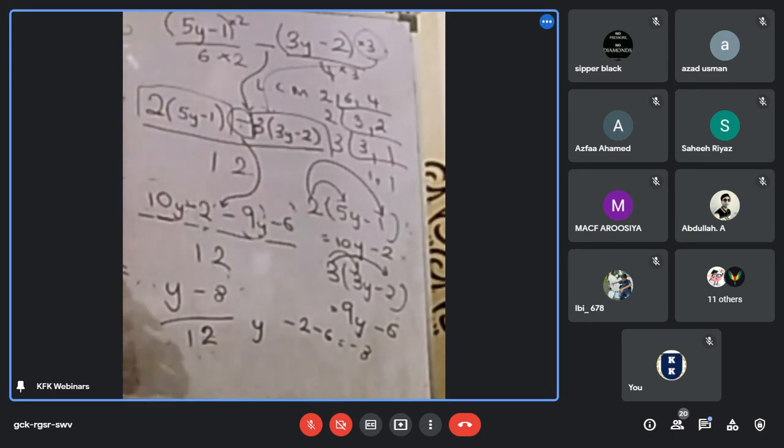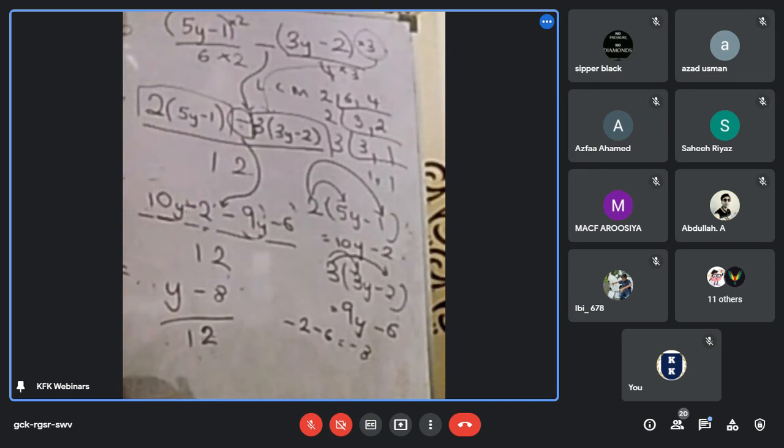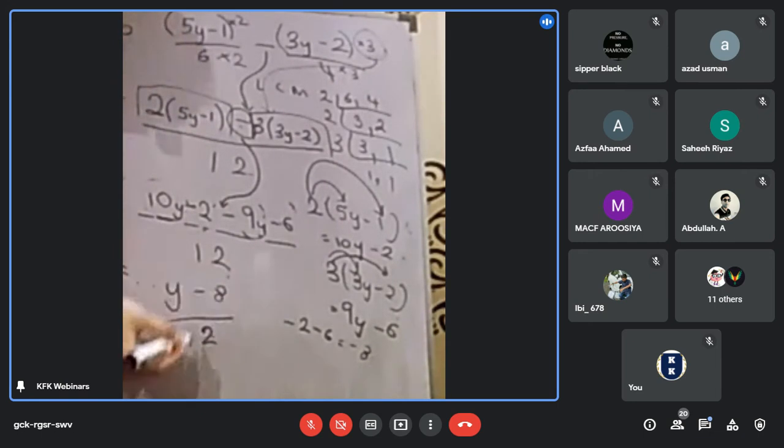Sorry about that. So now obviously you cannot simplify the 8 and 12. Why? The 8 is connected to the y. They are an algebraic expression.